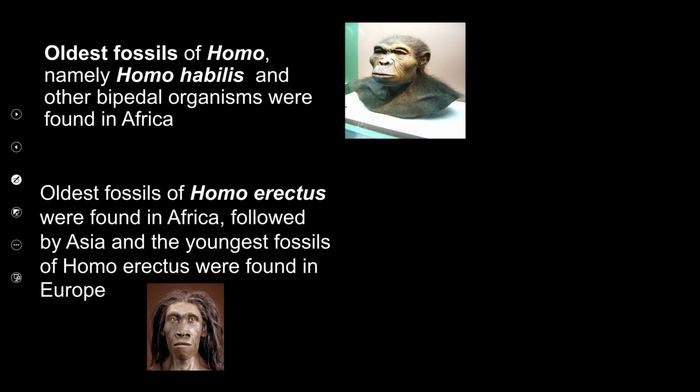Then the oldest fossils of Homo, so those of Homo habilis and other bipedal organisms, were also found in Africa. Okay, and here we can see this is Homo habilis, and then we also see that the oldest fossils of Homo erectus were found in Africa, in other words, those fossils of Homo erectus found elsewhere in the world were a lot younger.